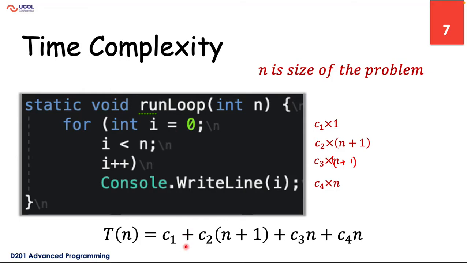C1, the first line, only takes one time, so C1, and then of course I need to change that particular specific thing. Here we have plus 1 as well. The reason is that these two lines are executed n plus 1 times each, so that's why we have C2(n+1) plus C3(n+1) plus C4 n.